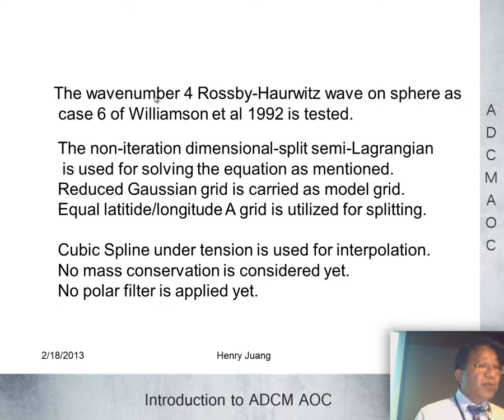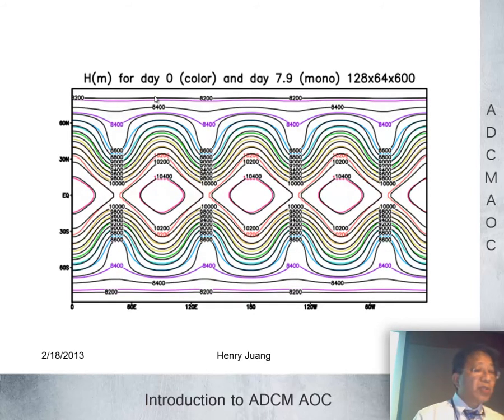So we programmed this using Howard's way, and in this run, we don't need a spectrum, and we don't need to apply the implicitness, and it's only the direction part. So it becomes very simple. The color one is day 0, and the black one is after 7.9 days.